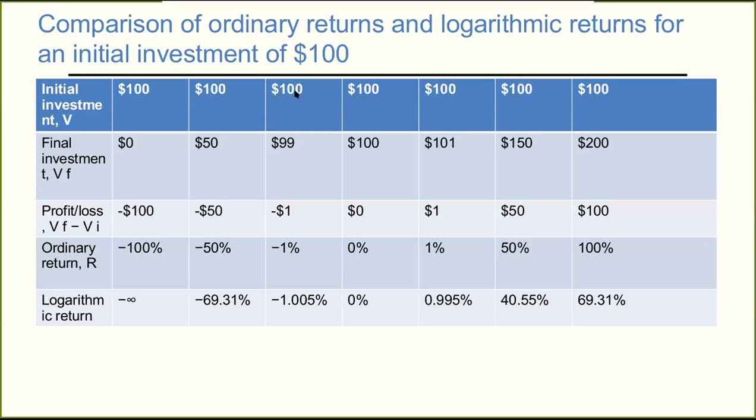Minus 1 divided by 100 expressed in percent will be minus 1%. In this case it is 0, and in the next cases the value is positive. But if we find this as a logarithm, it will be minus infinity.